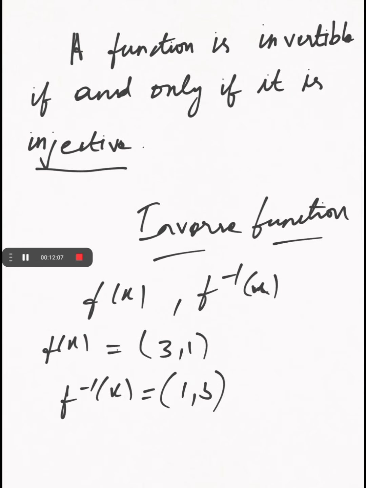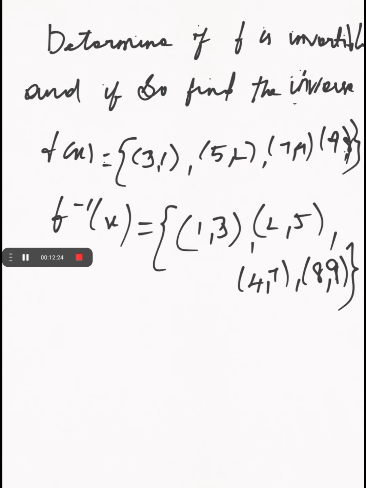Inverse function is nothing but we interchange the coordinates in each ordered pair of f. Here I will mention an example. f of x equal to 3, 1. f inverse of x means we interchange the coordinates. That means 1, 3. This is an example to find the inverse.